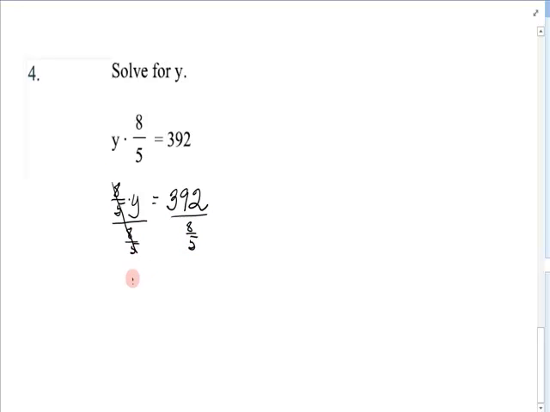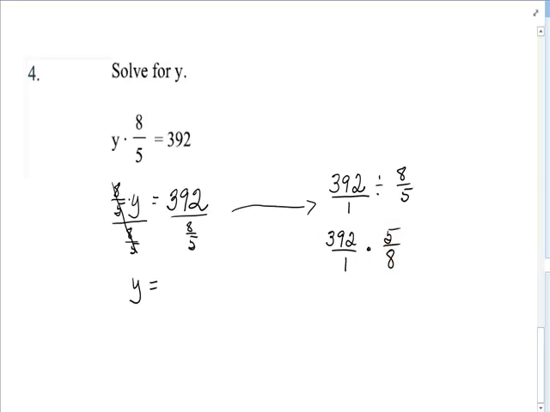Those divide out, and I have y is equal to, well, let's go see, 392 divided by 8/5. I know that that is 392 over 1. That's keep, change, and flip.